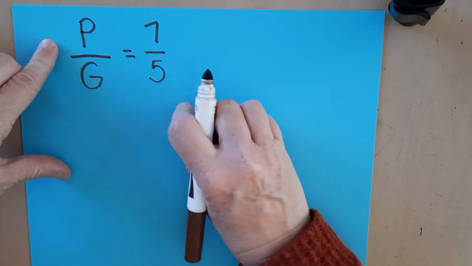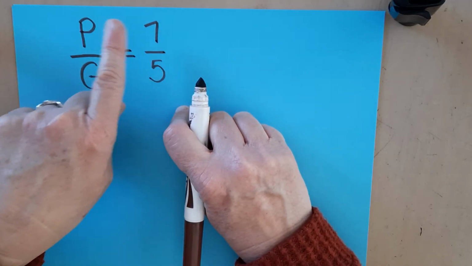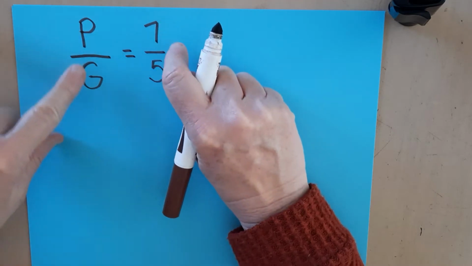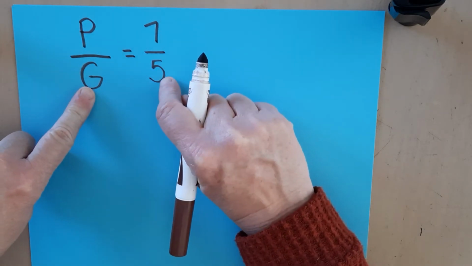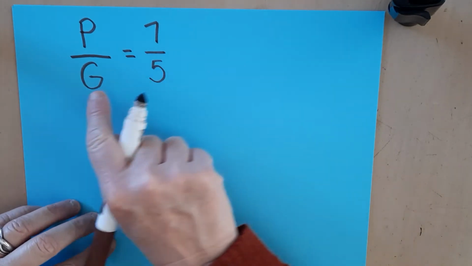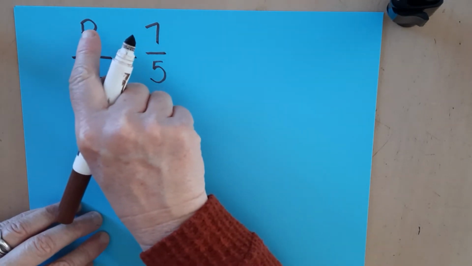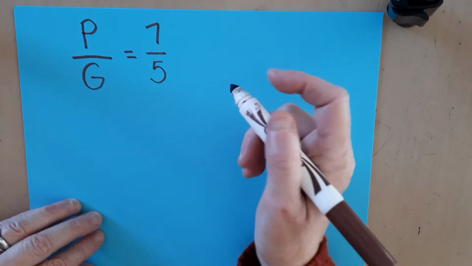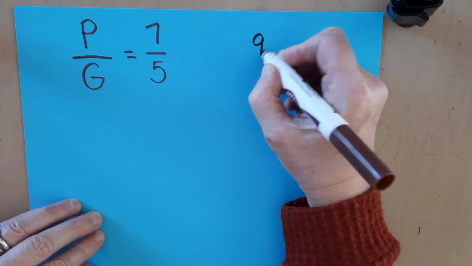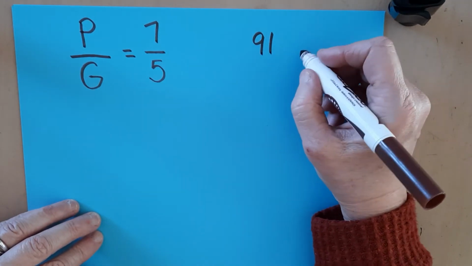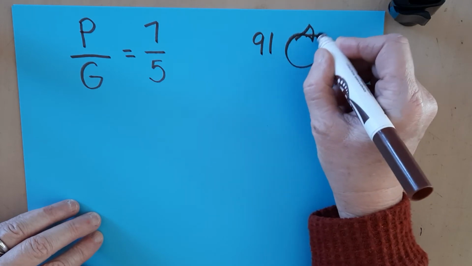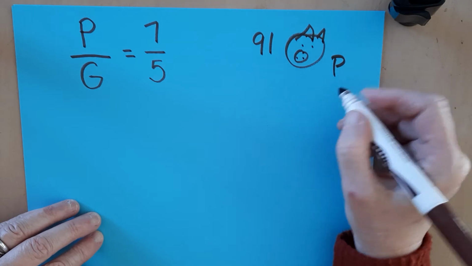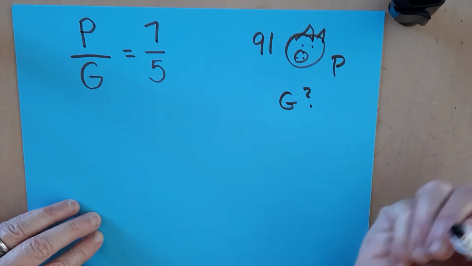We have to make sure, when we set up these ratios, that we're making the parts correspond. The number of pigs is 7 and the number of goats is 5. So the numerator is always pigs and the denominator is always goats. The question would be, if there are 91 pigs, how many goats are there?